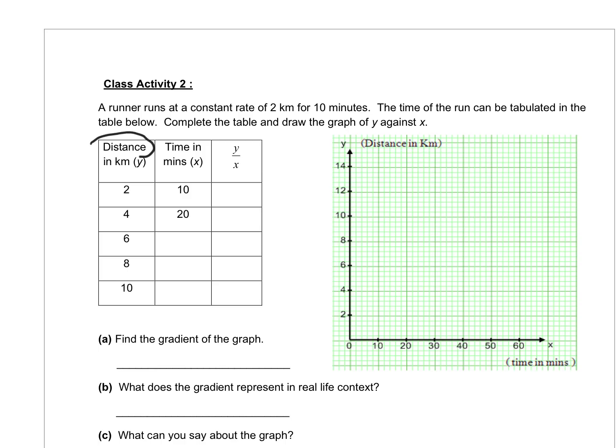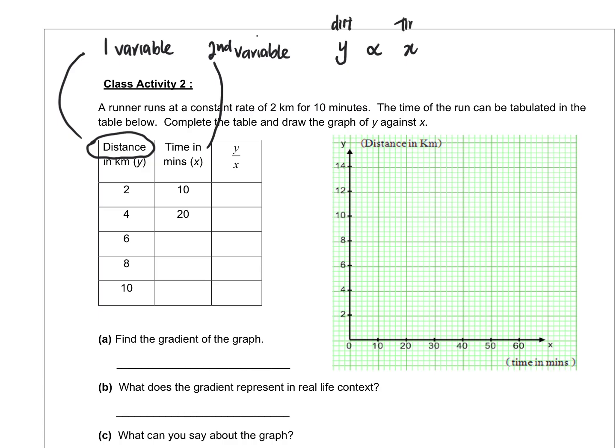Okay, this is one variable. This is the other, second variable. When I tell you that distance, let this be distance and this be time. This is a symbol for proportional.